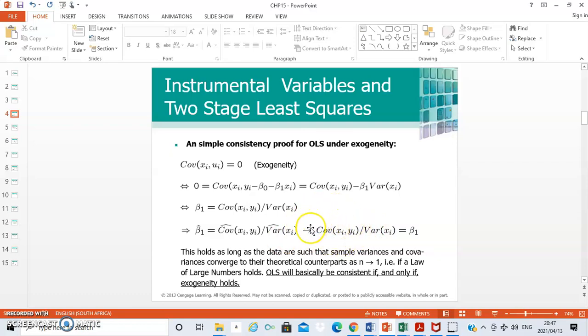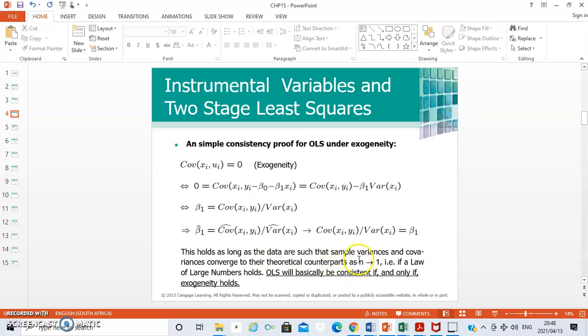For as long as there's no correlation between the explanatory variable and the error term, then basically you will have exogeneity. And this will only hold as long as the data are such that sample variances and covariances converge to their theoretical counterparts.